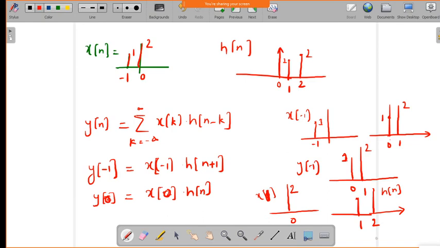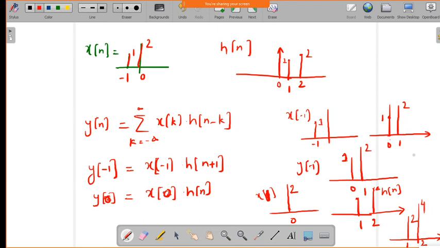Now multiply this, what you will get? The amplitude is 2, so 2 into 1 it is 2, at 1 you will get 2. Okay, at 2 you will get, so here amplitude is 2, 2 into 2 it will become 4. Okay, this will be 4 at the amplitude value, that index value 2.